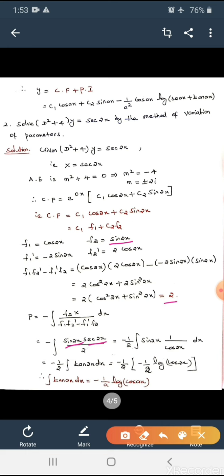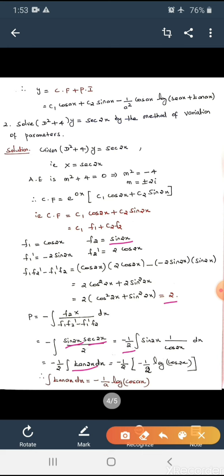That is equal to minus, you can take this 1 by 2 outside. So we get minus 1 by 2 into integral sin 2x into secant 2x, which can be written as 1 by cos 2x, dx. That is equal to minus 1 by 2 integral sin 2x by cos 2x, which can be written as tan 2x, dx.